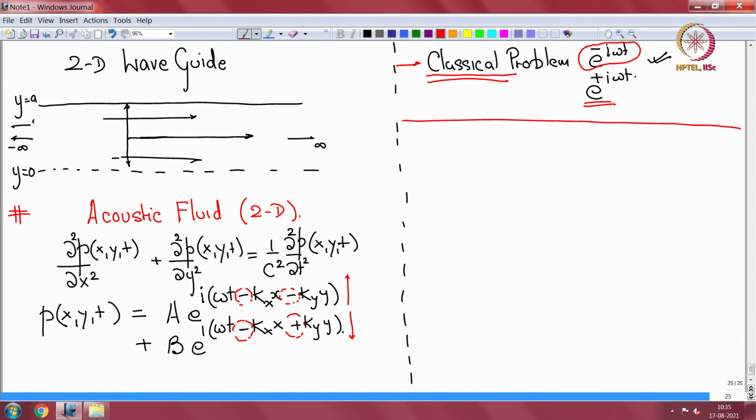having said that, so we have this solution for the pressure field, okay, and where kx is the wave number in the x direction and ky is the wave number in the y direction.